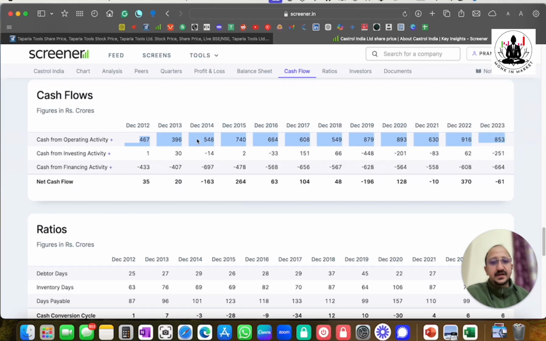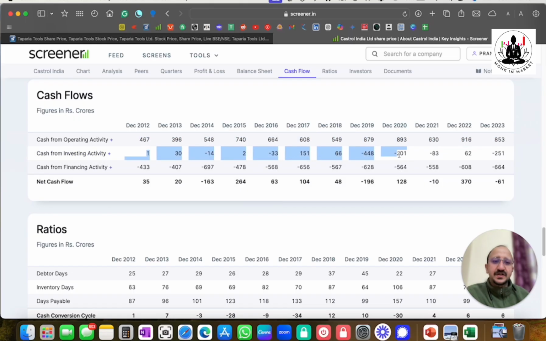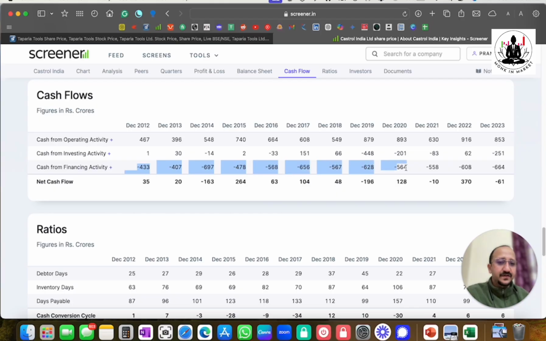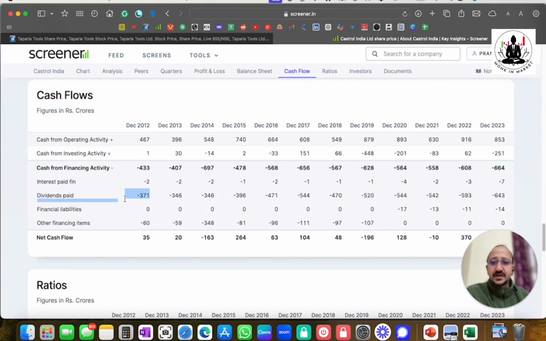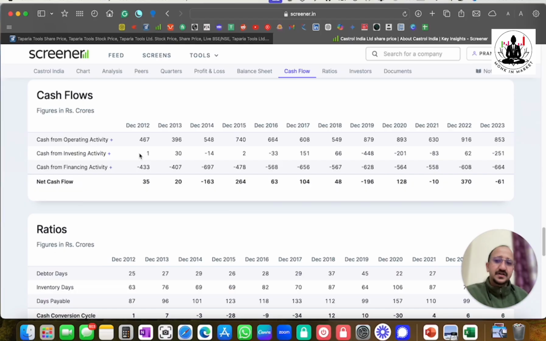It means they are earning good from the operations. Then comes investing. Sometimes they are investing, sometimes they are not. This should not be a matter of concern. Financing activities, it's negative. Now let's see why it is negative. Have they given some dividends? They are paying dividends quite regularly. So that's why it's negative, guys. It seems like a good sign.